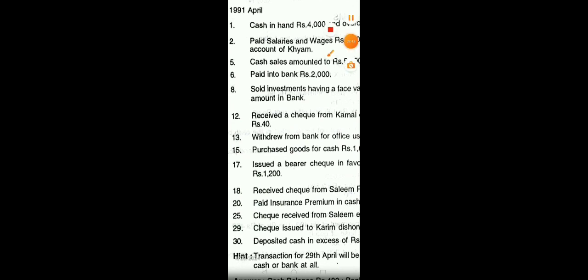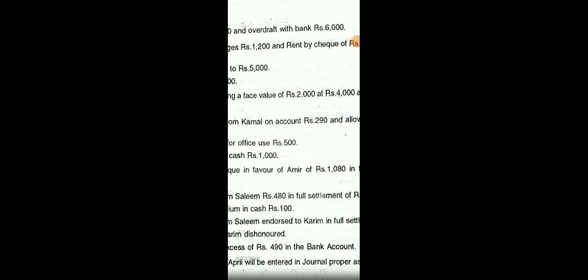Received a check. The first part of the transaction is saying: receive a check from Kamal on account 290, allowed him discount. Okay, we are just receiving a check. This is very interesting to learn. When you receive a check, normally it would come to your mind that a check is associated with the bank, but please keep in mind, if you haven't deposited that check into the bank, bank is not mentioned over here.